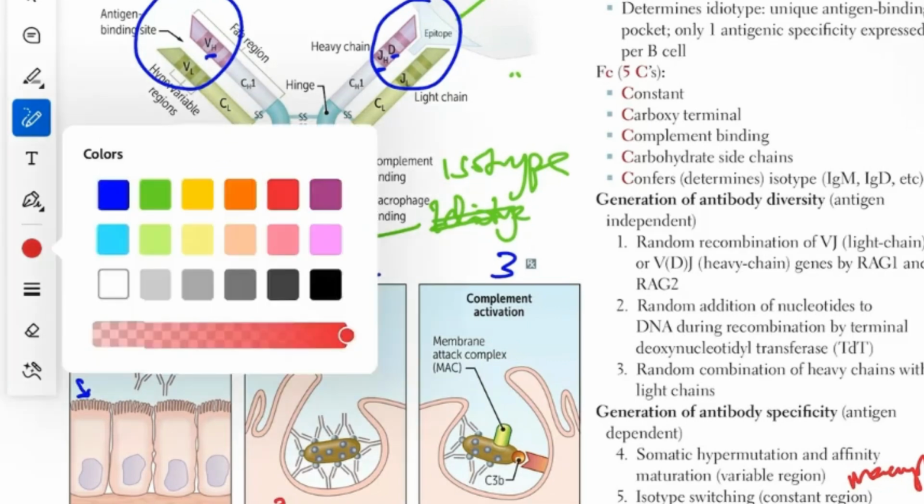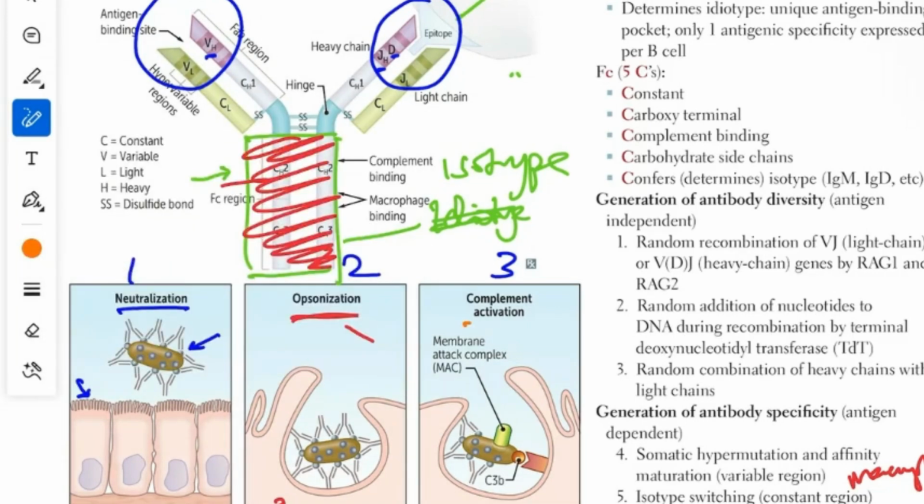And then finally, let's talk about complement activation, where the antibody will bind to the pathogen and then activate a series of proteins in the bloodstream, produced by the liver, called complement proteins.